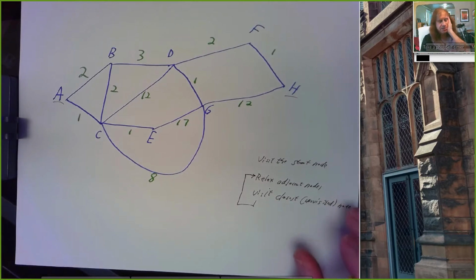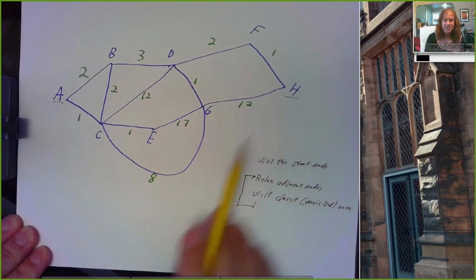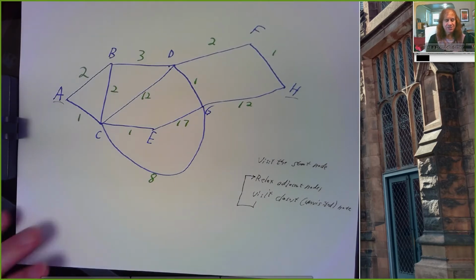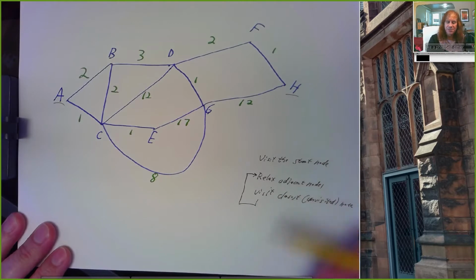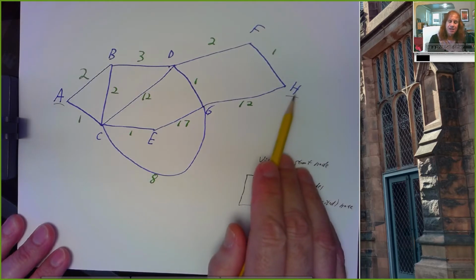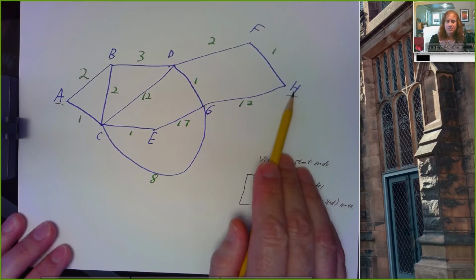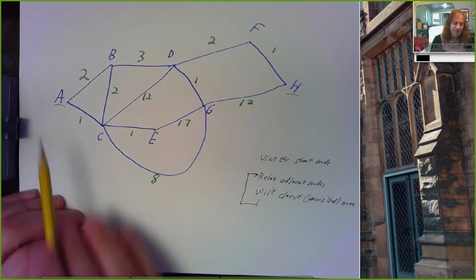All right, so how does this work? We want to find the shortest path from A to H. Now if you just want to find the shortest distance from A to everything, then we do the same algorithm and we just continue until we've visited every node. If we're looking for the shortest distance to a particular node, we can stop once we've visited that node, because at that point we know we have the shortest distance. But a lot of times we're looking for a shortest path from here to everywhere.